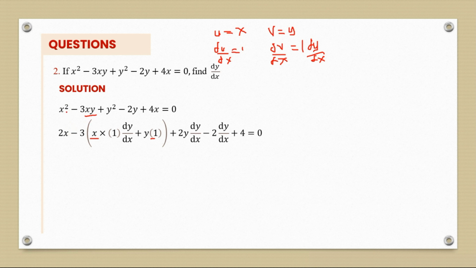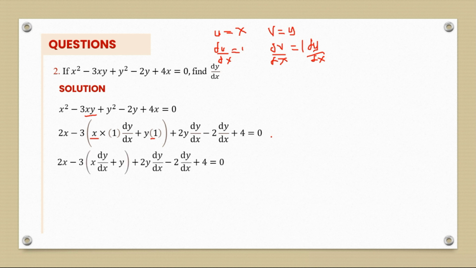So this is clear. x squared shall become 2x when you differentiate that, and when you differentiate y squared, it shall become 2y, but we multiply to the answer dy/dx. And then when we move here, we have a minus 2y. When you differentiate this, we are left with a minus 2, and because there is a y here, we multiply it by dy/dx, plus 4 being equal to 0.